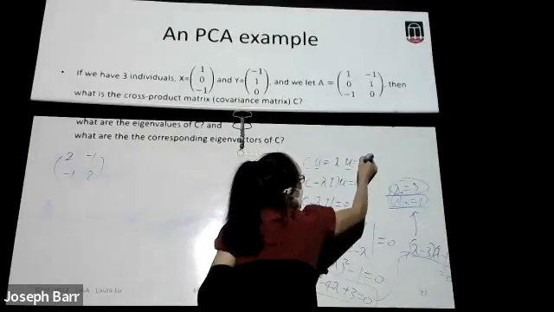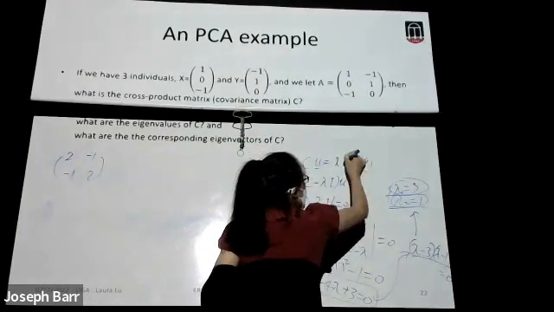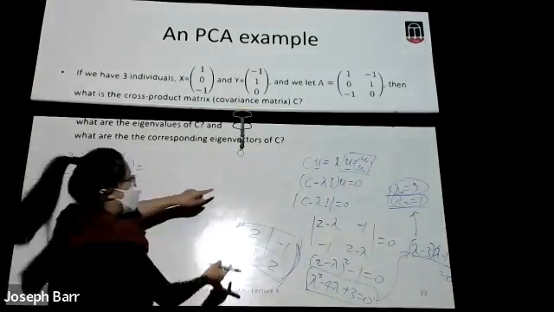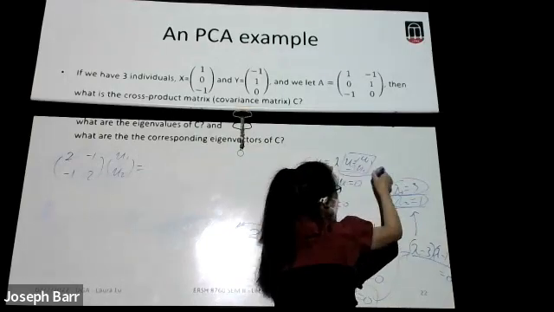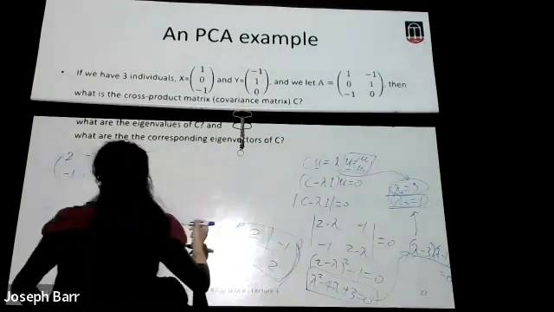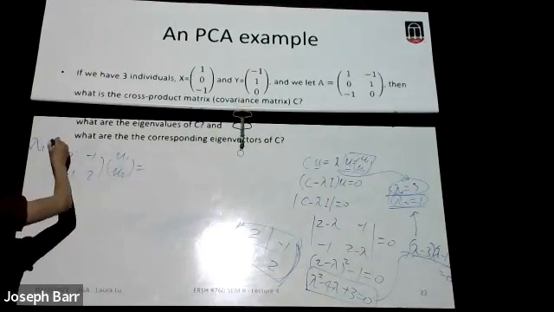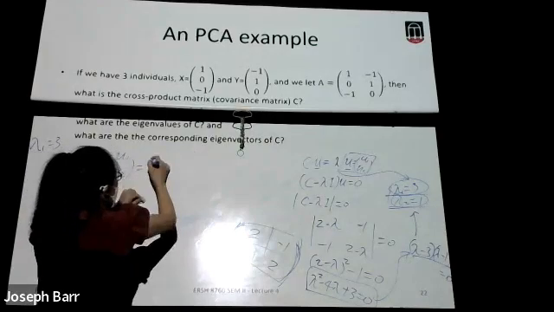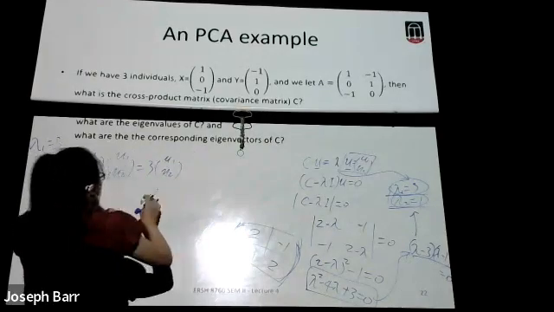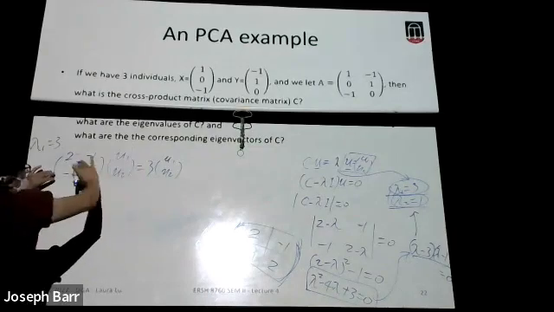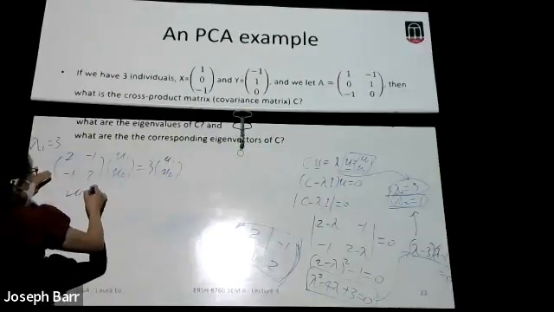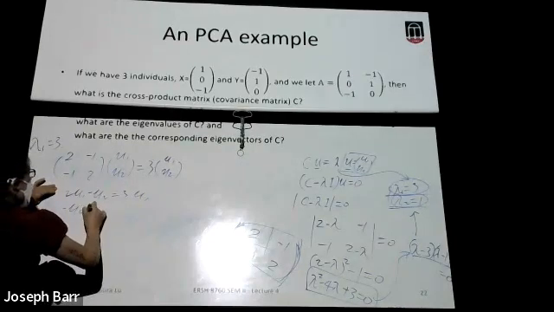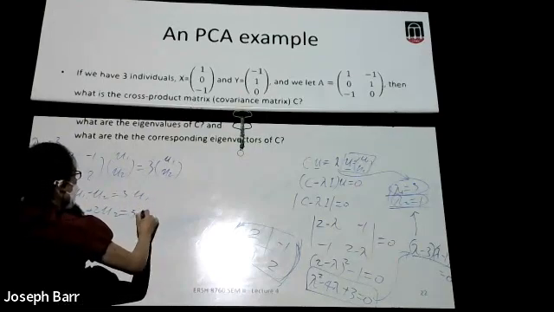Suppose u is (u1, u2), equals lambda times u. Suppose we are looking at the first lambda, the biggest one, which is 3. So it becomes 3 times (u1, u2). Do the calculation: 2u1 minus u2 equals 3u1, and minus u1 plus 2u2 equals 3u2.